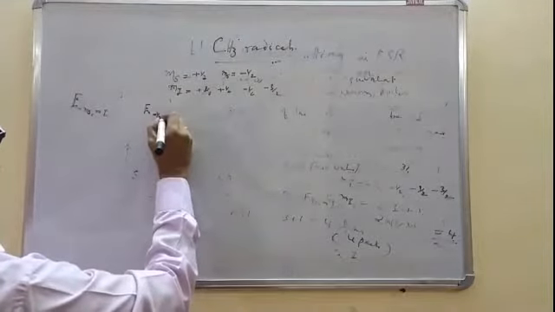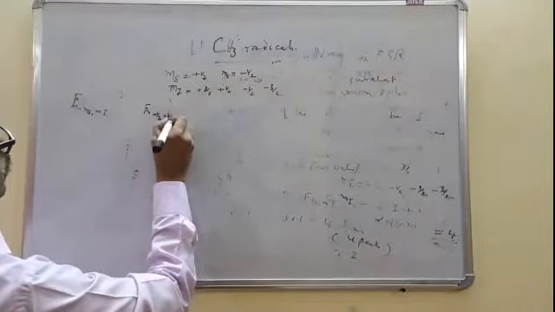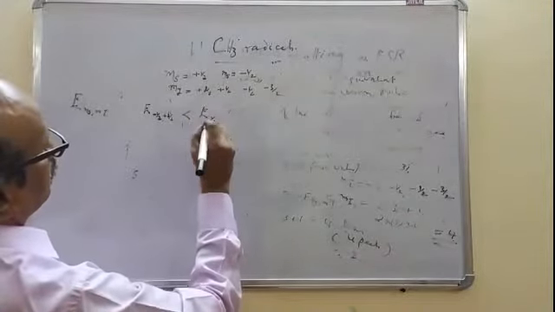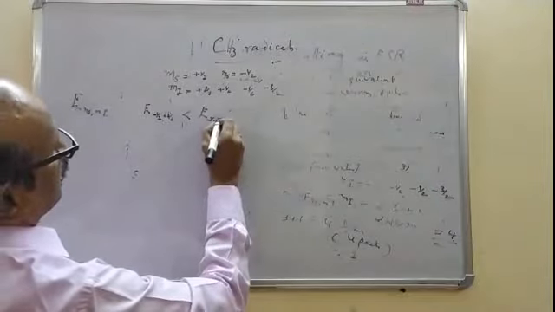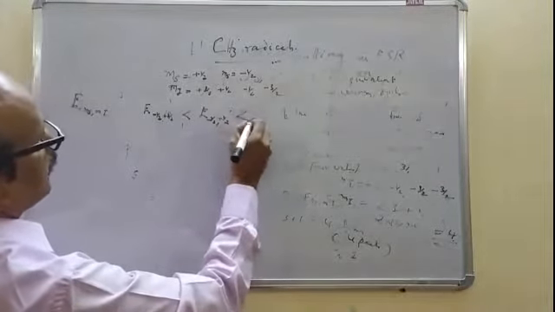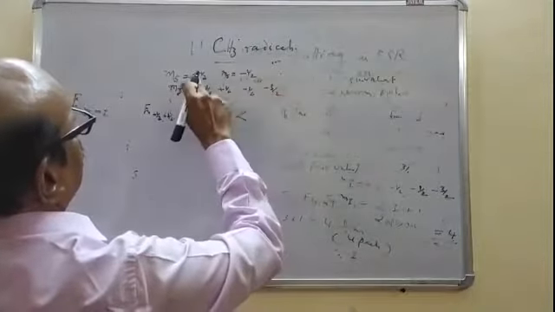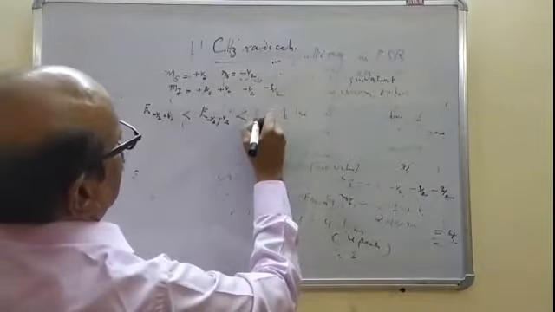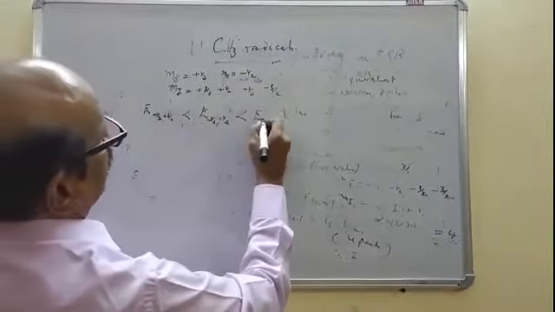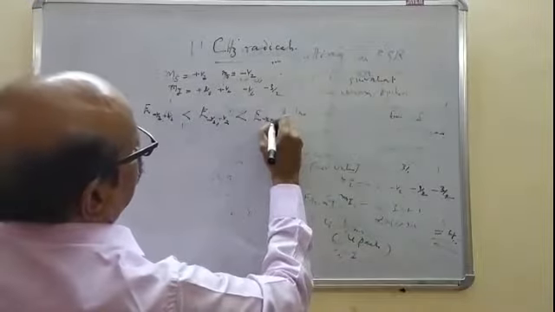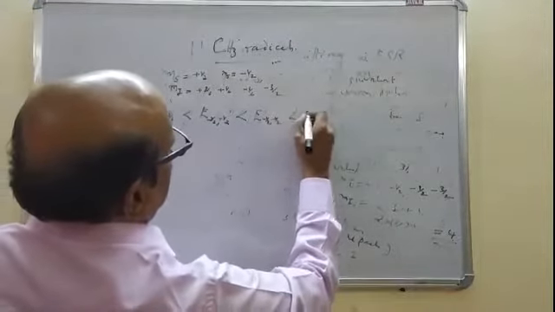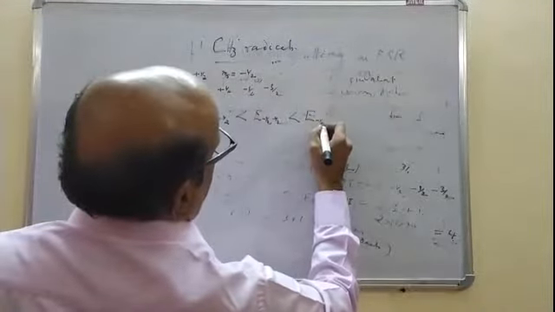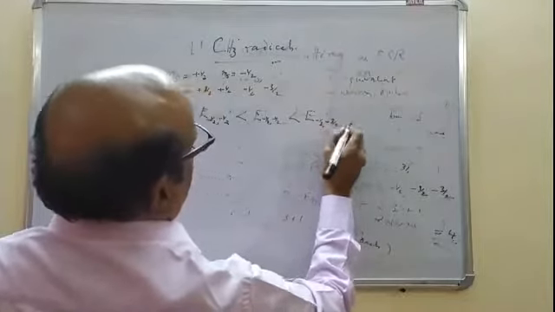E minus half, plus 3 by 2 is lesser than E minus half, plus half, which is lesser than E minus half, minus half, which is lesser energy than E minus half, minus 3 by 2.